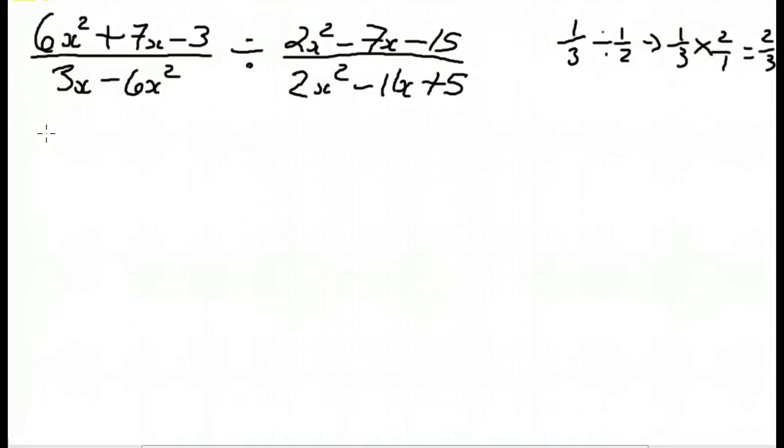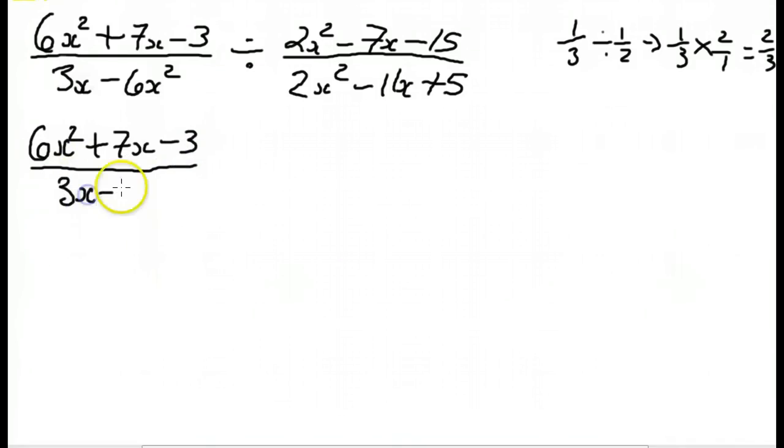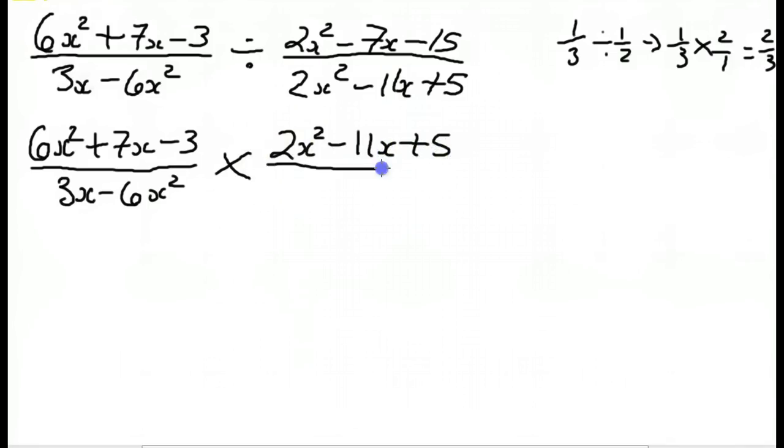Okay, so let's write this out as a multiply. 6x squared plus 7x minus 3, minus 6x squared, times, okay, so now we flip this. 2x squared minus 11x plus 5 over 2x squared minus 7x minus 15. Okay, and let's throw an equals out here, because that expression up here is equal to this.